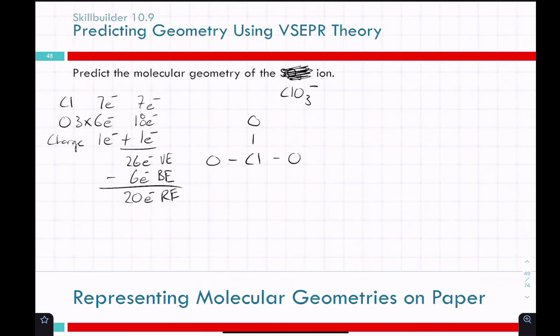So then, still want to place these around terminal atoms first. We're placing 26 total, right? Well, minus the 6 that we already have in. So 20 left, so 2, 4, 6, 8, 10, 12, 14, 16, 18, 20.